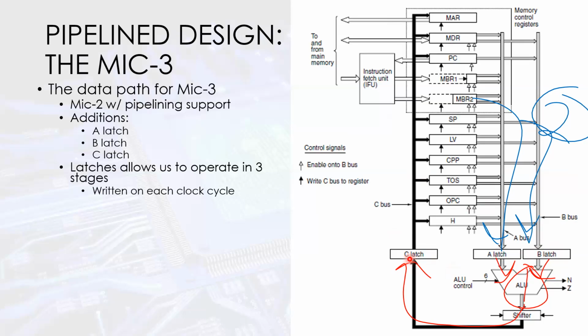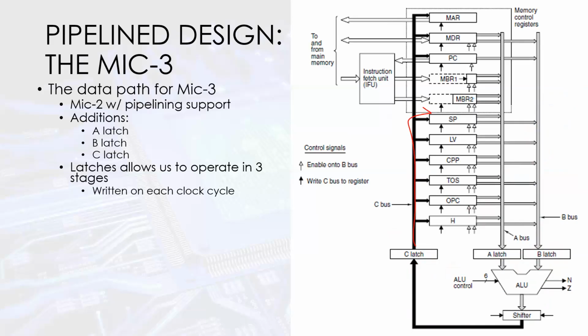After that all happens, we just go to the next cycle. Now instruction 1 is coming back and being written into the write back register, and instruction 2 is flowing through the ALU and into the C latch.